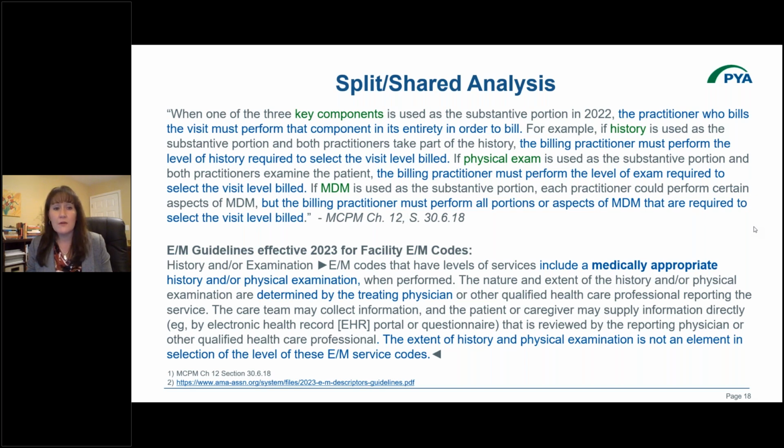Now, what does 2023 define as a complete history or exam? It is only that it includes a medically appropriate history or physical exam when performed, and that is determined by the treating physician. So now we have a physician that basically has to state they're providing a medically appropriate history or physical exam for the level of service, but you do not have a determination of the level of service in order to bill and support a level of service in a split or shared manner.